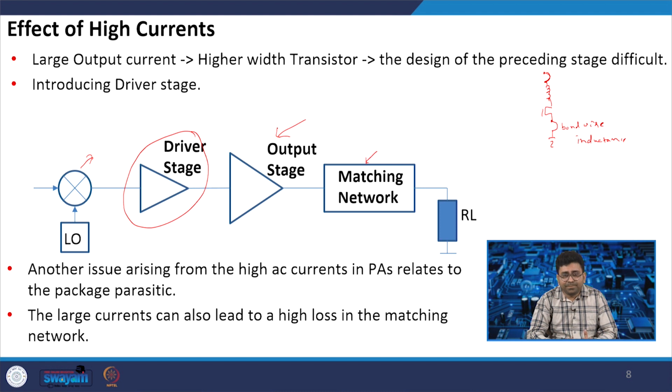When we consider very high current, the bond wire and all the parasitics add too much loss, and that is why we make the matching network off chip, with the active components on chip, so that our losses are reduced at high currents.